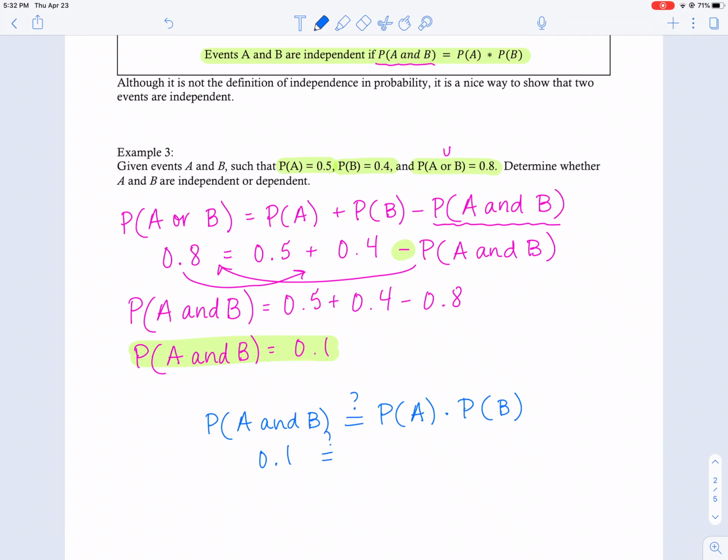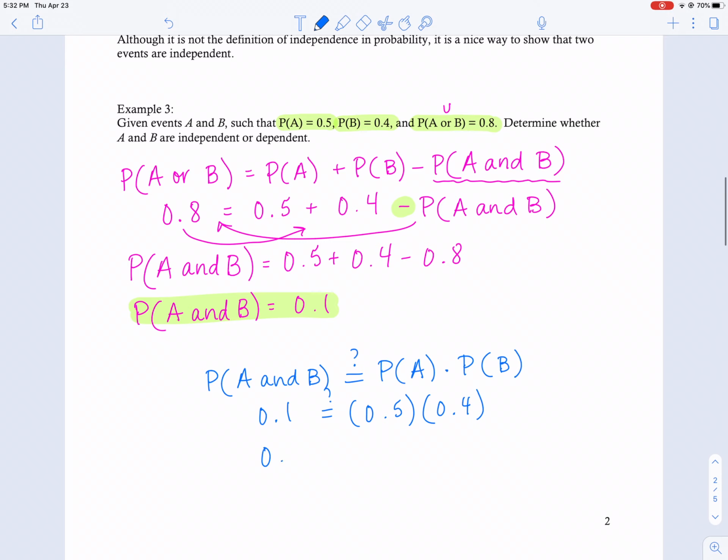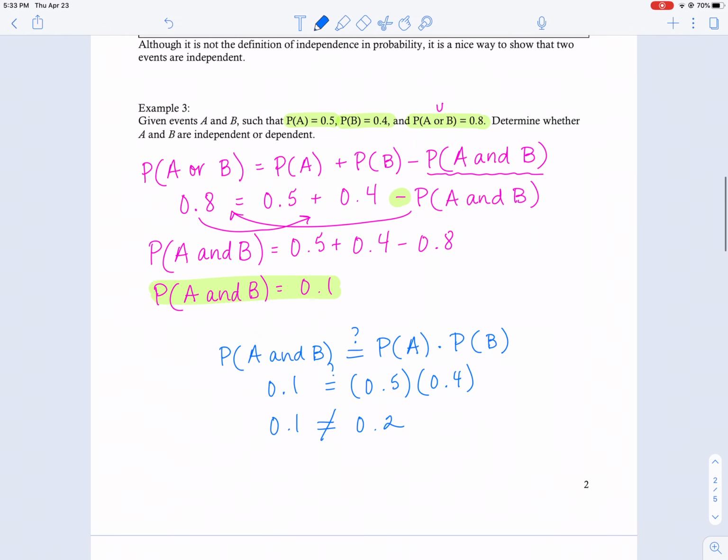Is that equal to the probability of A, 0.5, times B, 0.4? And 0.1 is not equal to 0.2. So instead of saying they are not independent, since they say independent or dependent, I would say they are dependent.